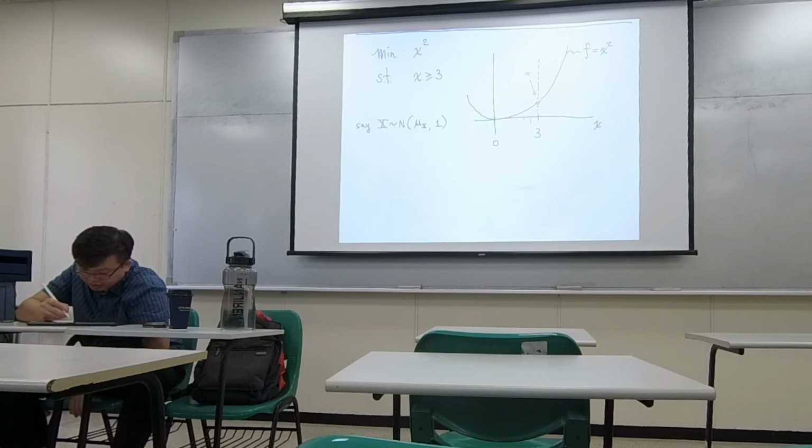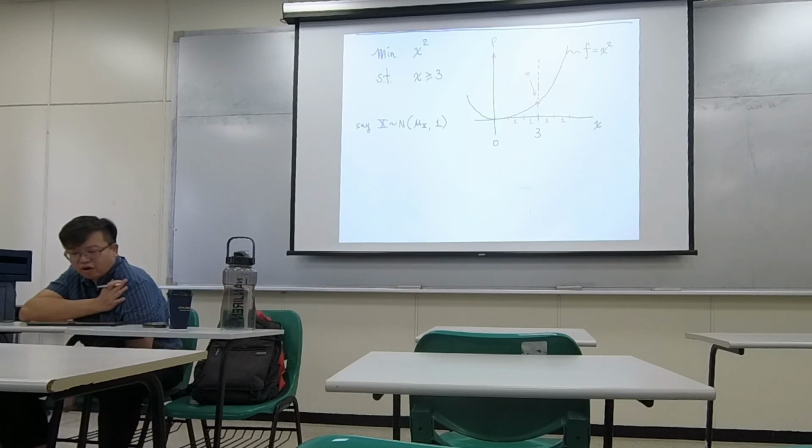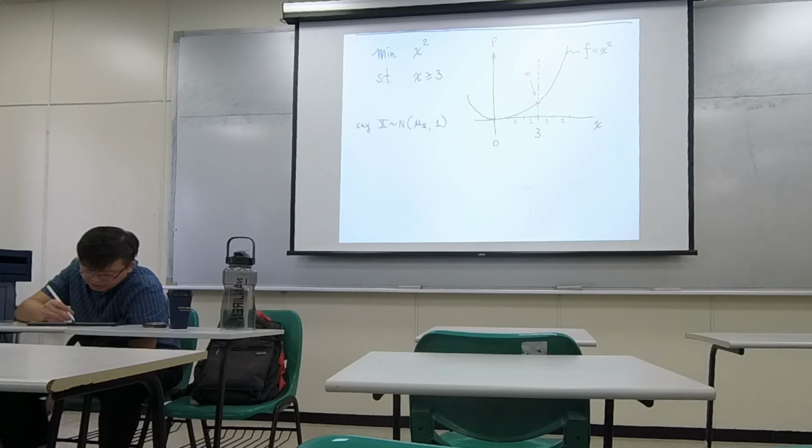Here is 1, here's another 1. So if I use this vertical axis for the probability density as well, the probability density will look like this. This is sigma, right?